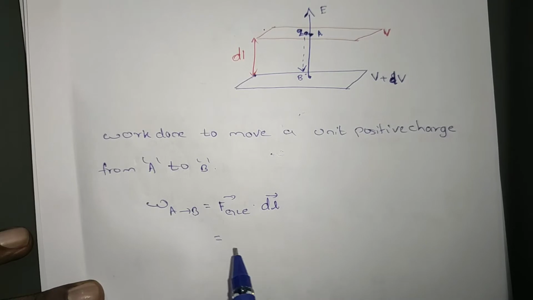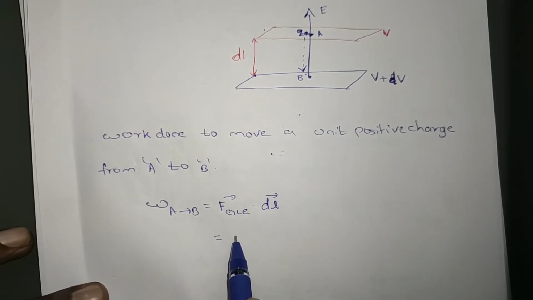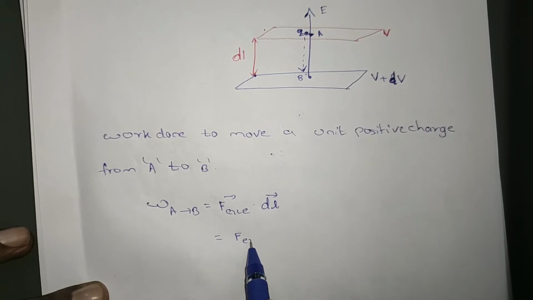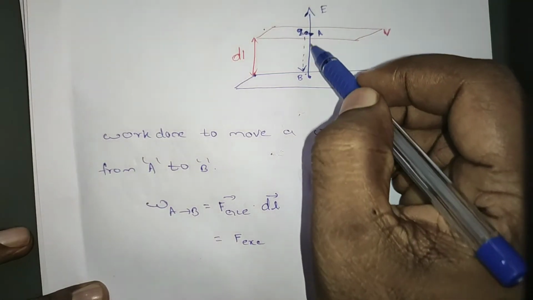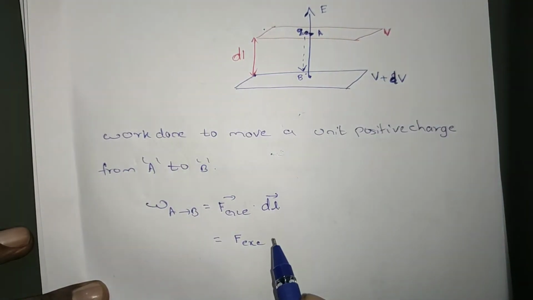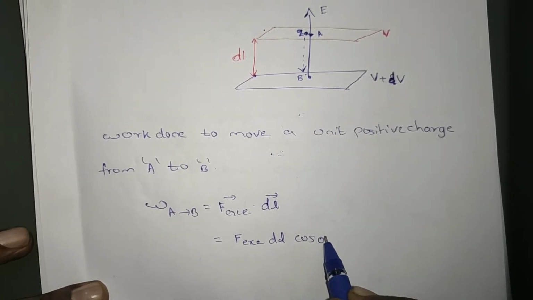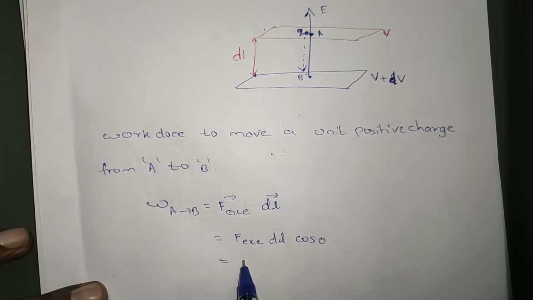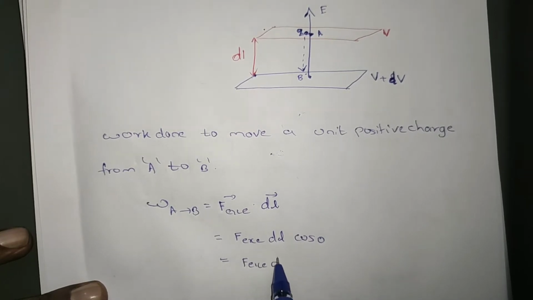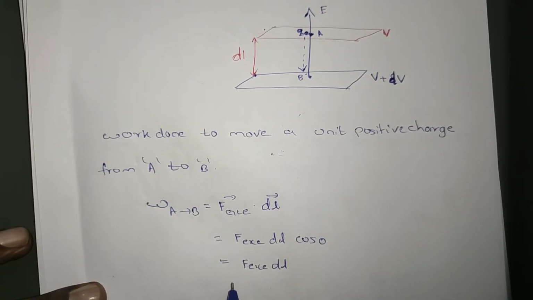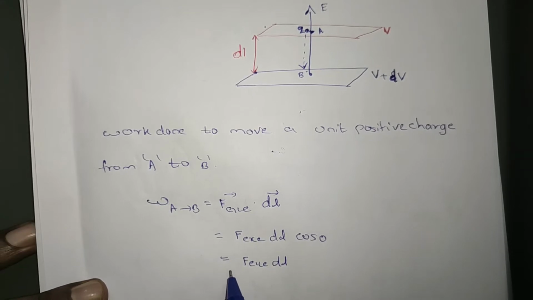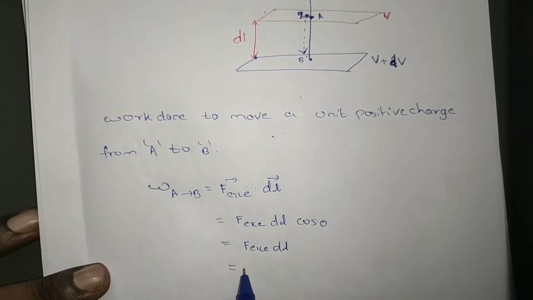What is the angle between them? The external force is in this direction and dL is also in the same direction. So dL cos 0, the same direction, and cos 0 is 1. So F external into dL. But I am going to find the work done by the electric field.